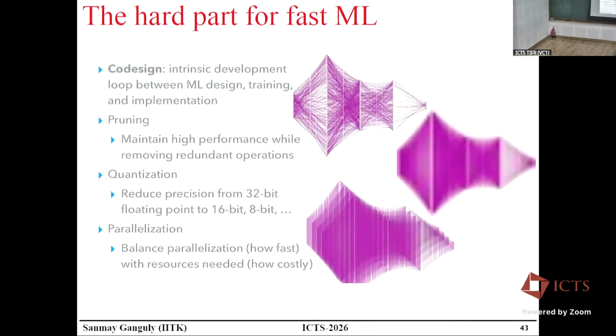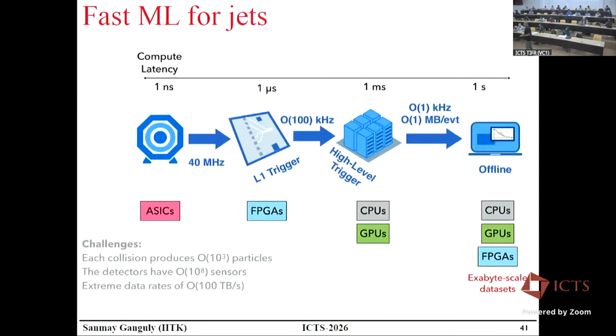Level 1 trigger is on the order of, let's say, 1,000 kilohertz. So what you are trying to say is that you want to process events at even faster than that.